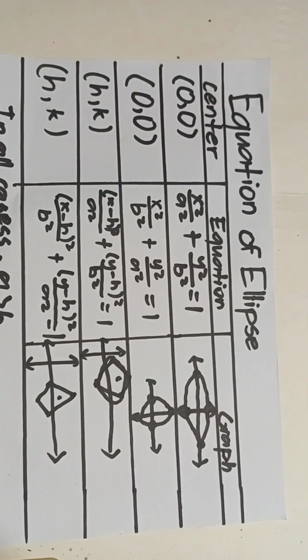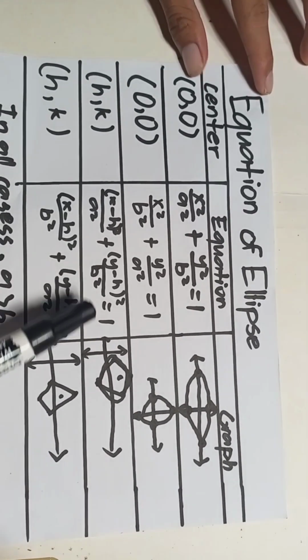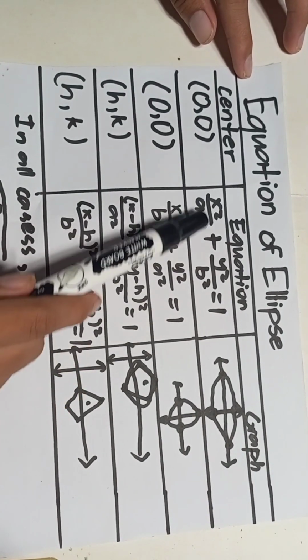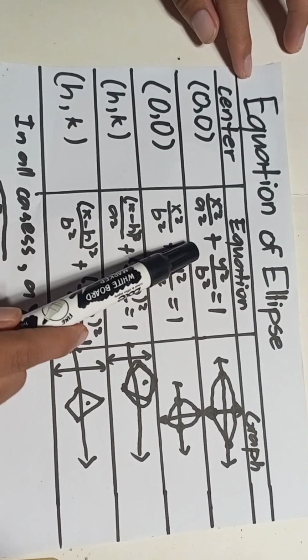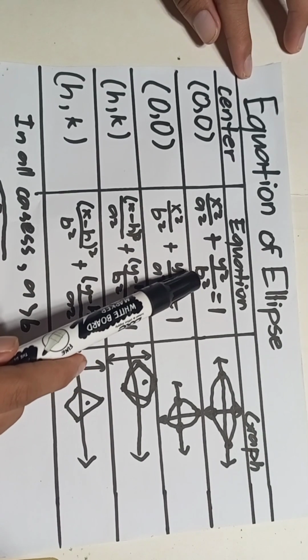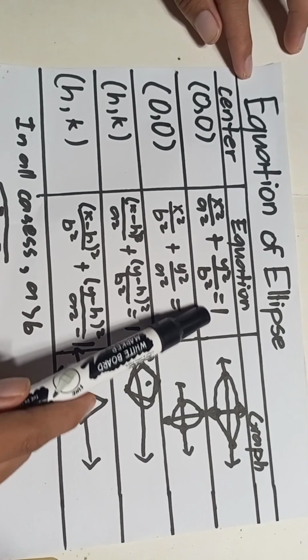So here's the equation of our ellipse. If our center is at 0, 0, the equation we will use is x squared over a squared plus y squared over b squared equals 1.